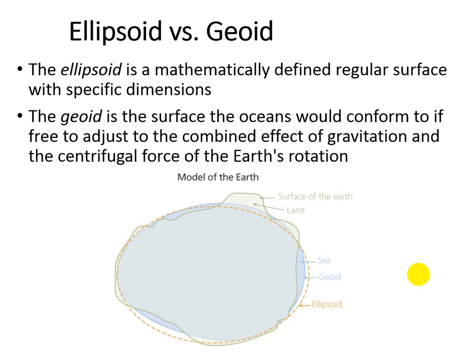Essentially, the geoid is the surface the oceans would relax to if they were able to float underneath the land and just do their thing, relaxing under gravity and the centrifugal force of the Earth's rotation. The geoid is often closer to the actual Earth's surface than the ellipsoid alone.